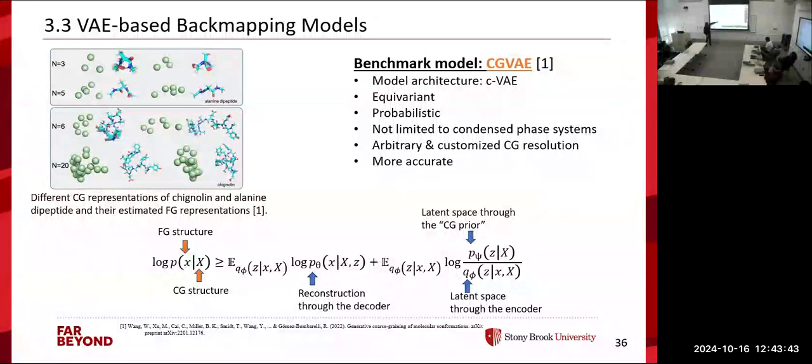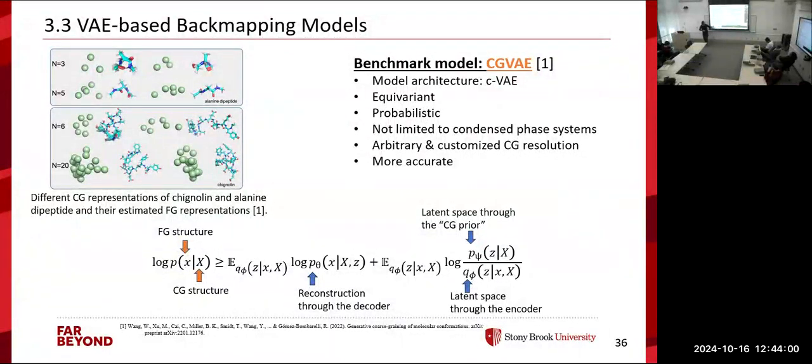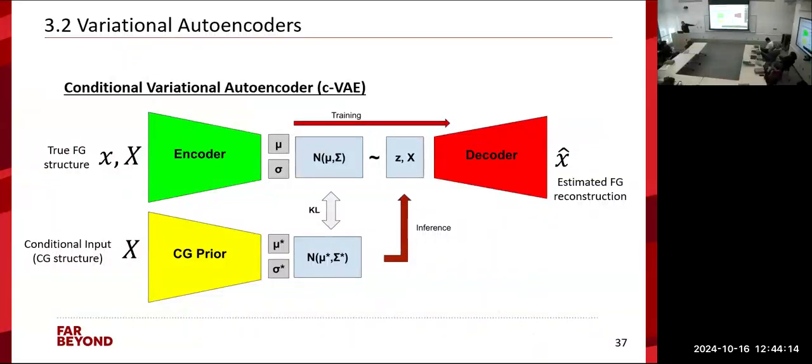I'm not going to focus again too much on the derivation. It's very interesting. Again, you have to maximize an evidence lower bound, but now the log likelihood that you want to maximize is a conditional likelihood. Then you have multiple models, like an encoder, a decoder, an encoder, and a CG prior, all of which work together to take, during inference, a conditional input and give an estimated reconstruction.